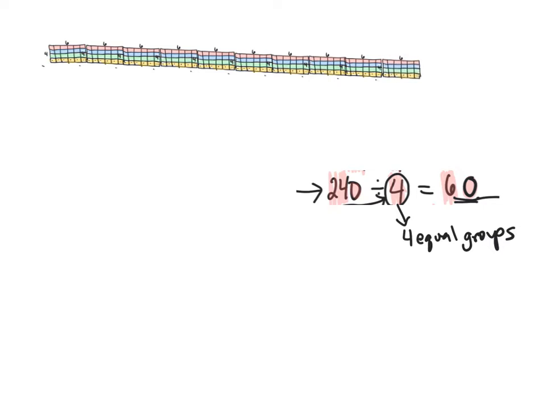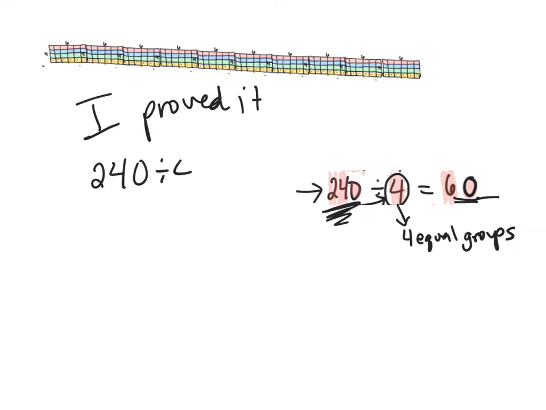So there's 60 red pieces, 60 blue pieces, 60 green pieces, and 60 yellow pieces for a total of 240. I proved it. Okay, so now it's good to just know that 240 divided by 4 equals 60, and 2,400 divided by 4 equals 600.